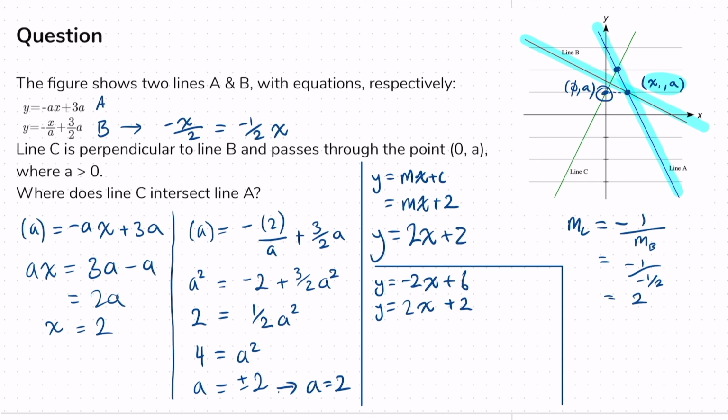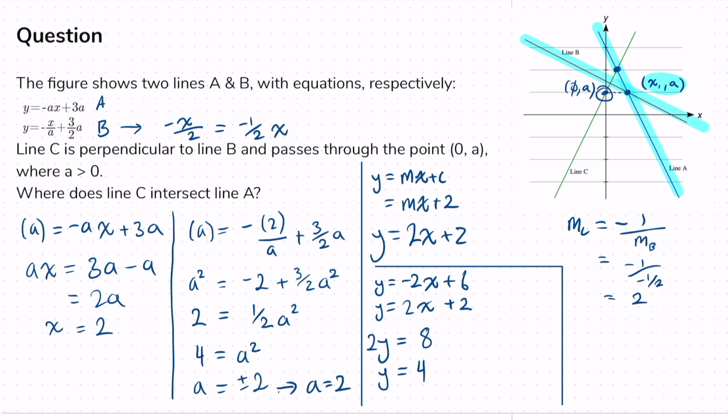Now what I'm going to do is add line A to line C, so that we get 2y equal to 8, y is equal to 4.